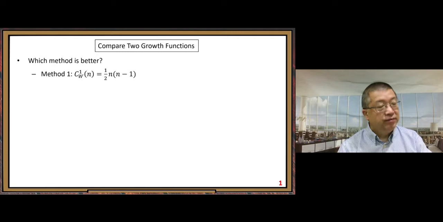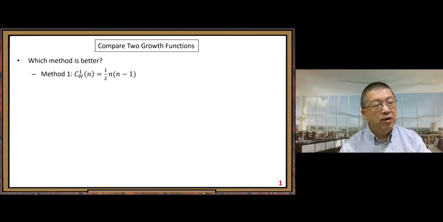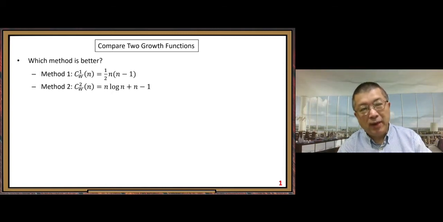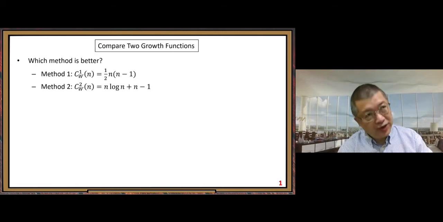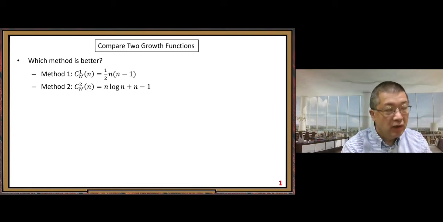The method one, the worst case efficiency, CW1 of n, has this formula, 1/2 n times n minus 1. What is the growth function? Based on our definition, you can think about it. The second one, method 2, also the worst case, but this time, remember two parts.